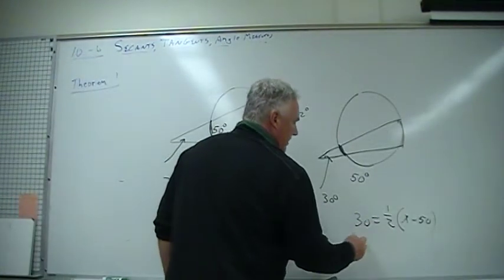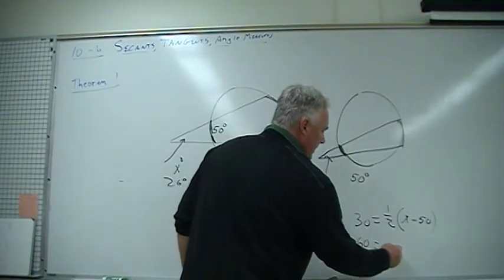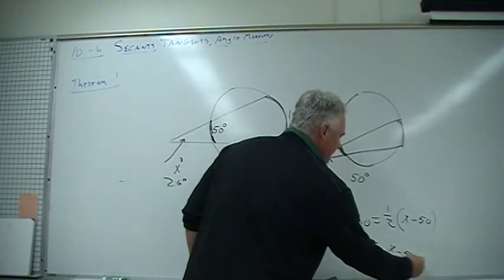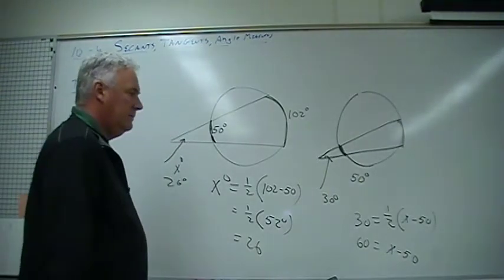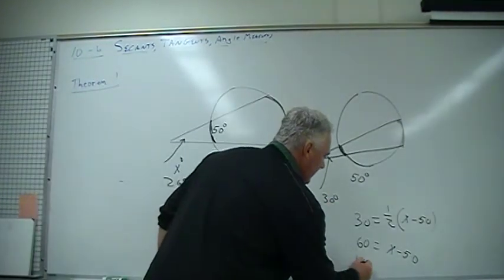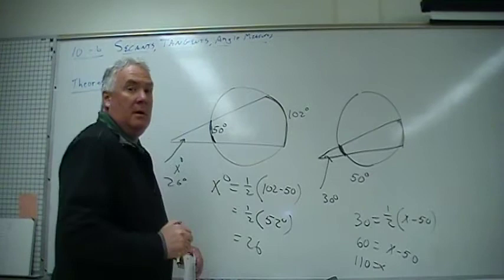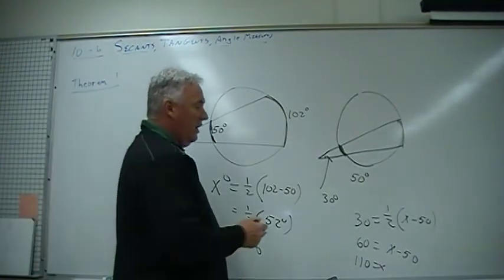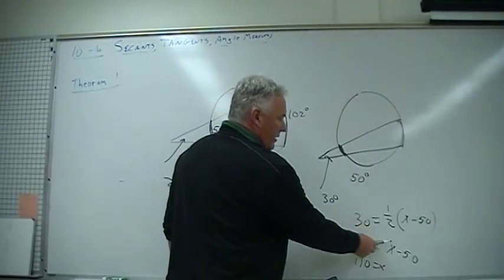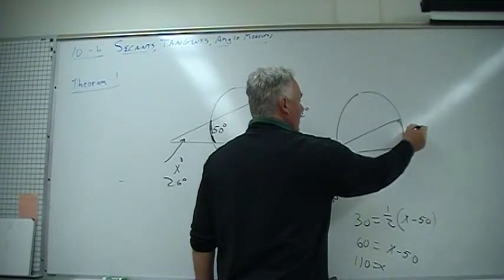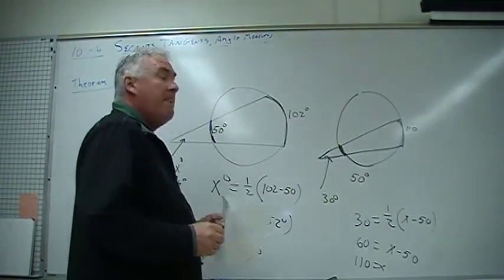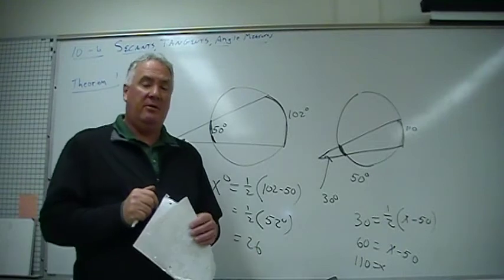Multiply both sides by 2, so 60 equals x minus 50. Add 50 to both sides. So that arc measurement is 110. Okay? And that's another example of how to do those.